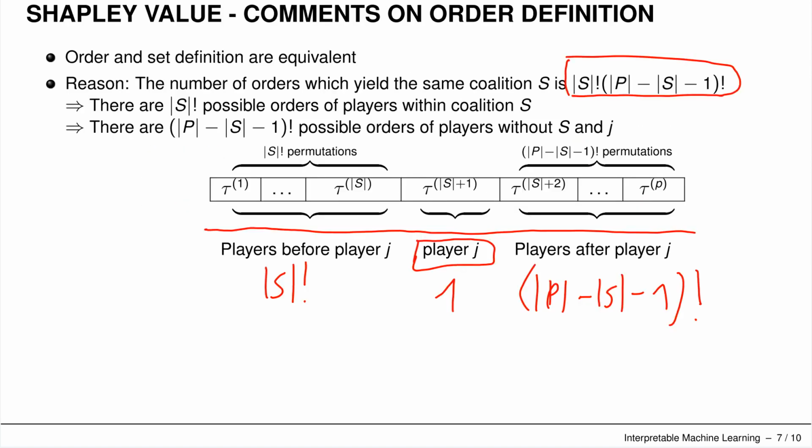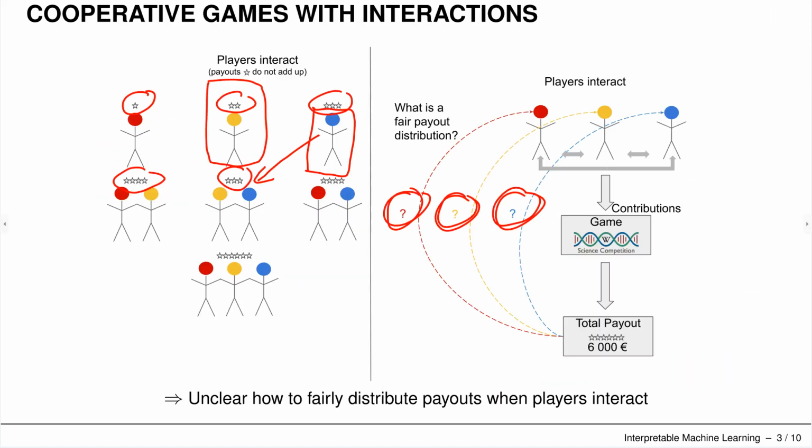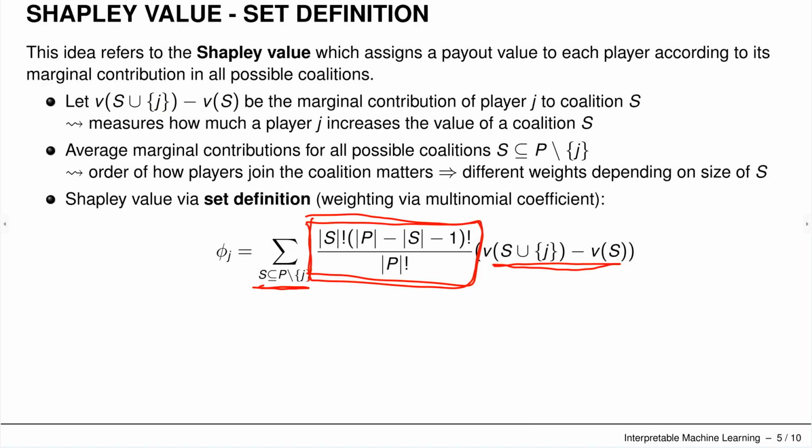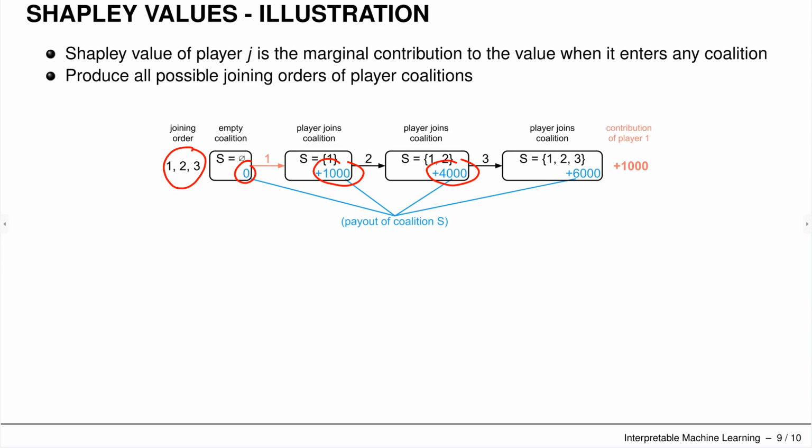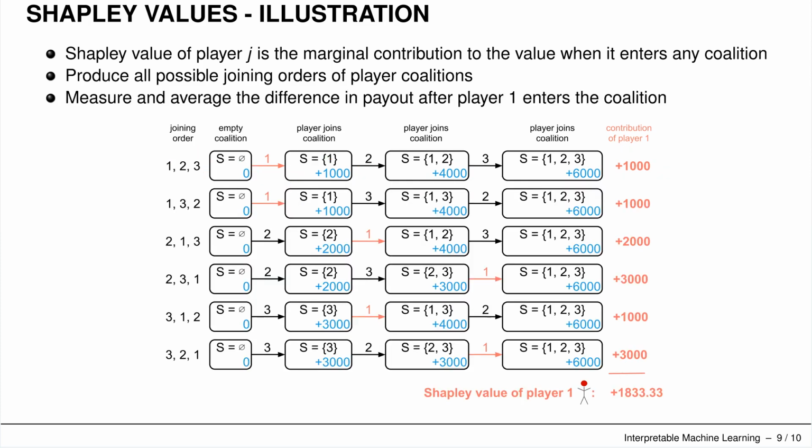So remember, going back again, that is this set here, and together they have 4,000 euros as a payout. And the full coalition always has a full payout of 6,000. So here now the contribution of the first player was the difference between these 2, and that was 1,000. And we do that for all sets.